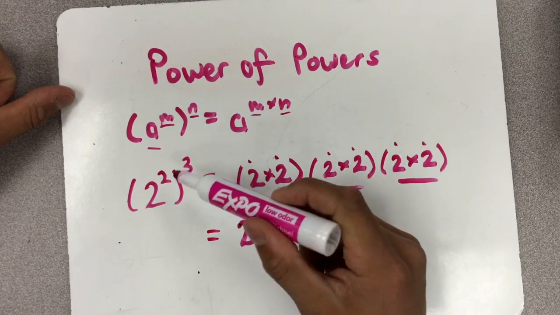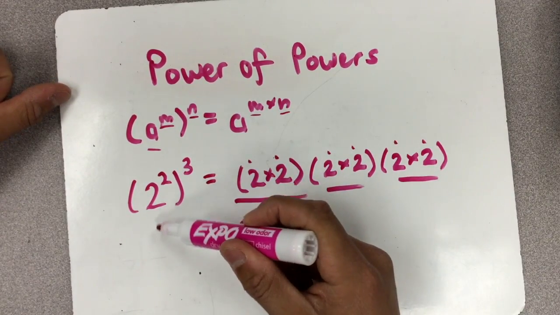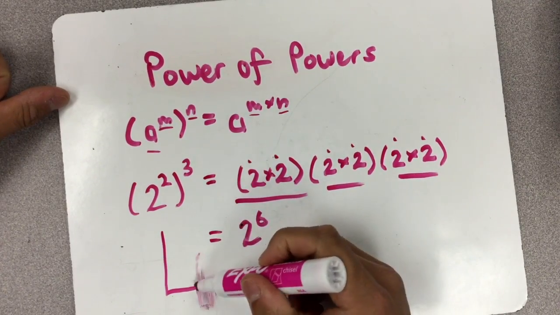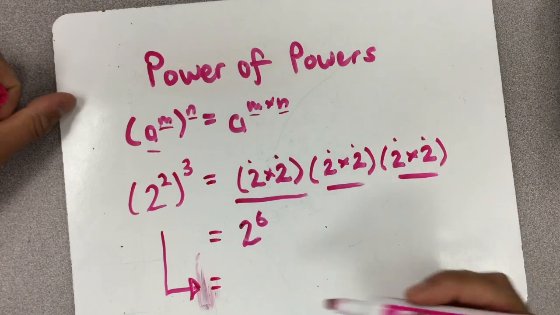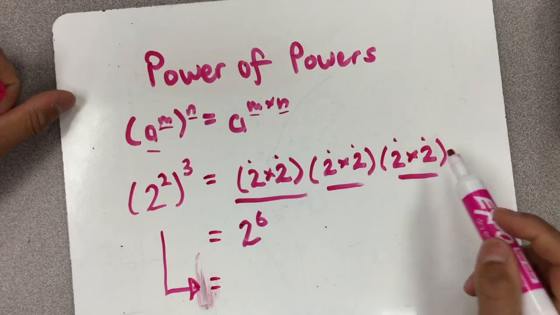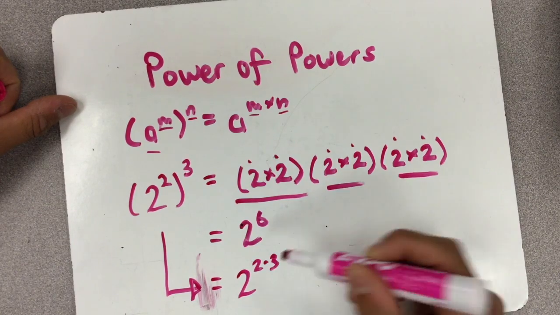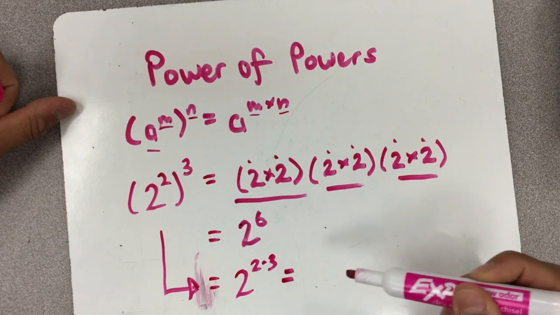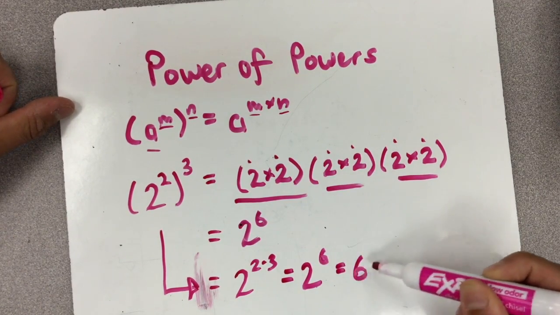Now, remember, instead of showing repeated multiplication, we can show this using one of my exponent laws, the power of a power. So instead of saying 2 times 2 times 2 times 2 times 2 times 2, I can say 2 times 2 times 3. This dot is the same thing as a multiplication sign. This shows us 2 to the power of 6, or 64.